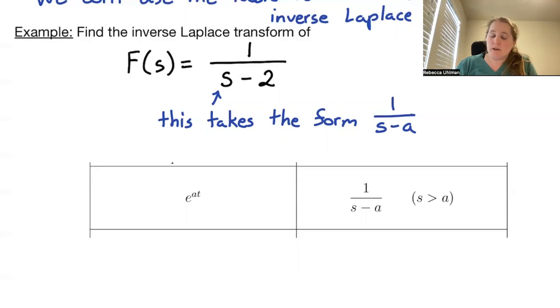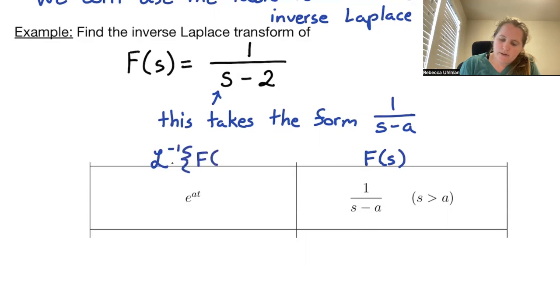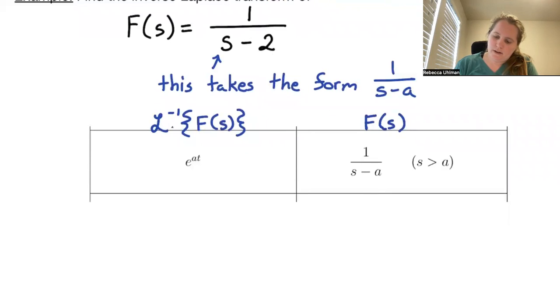So here's what we were looking at. This is our capital F of s on the right, and on the left is our inverse Laplace transform of capital F of s. This time around, we're essentially working our way backwards across the table instead of forwards. We were given a case where a was equal to 2.